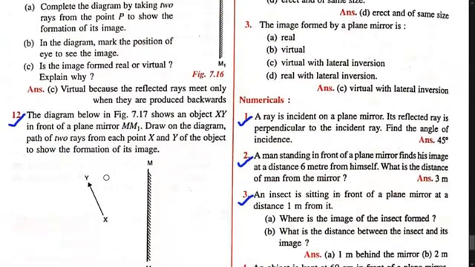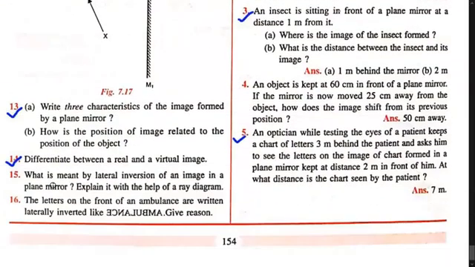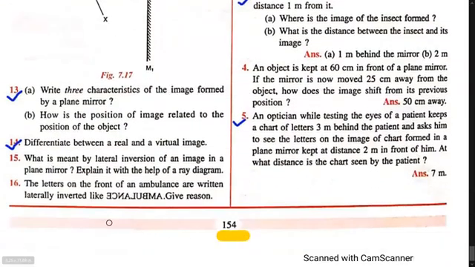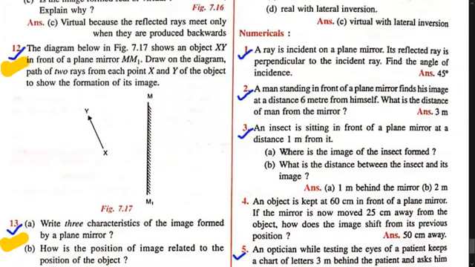So you have to draw a ray diagram of question number 12 given on page number 154, and then write down answer to question number 13 and 14 given on the same page, and then try the numerical number 1, 2, 3 and 5.